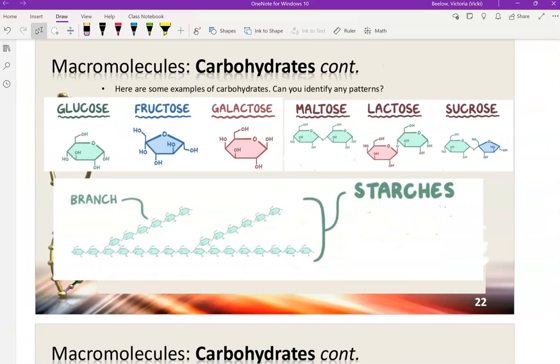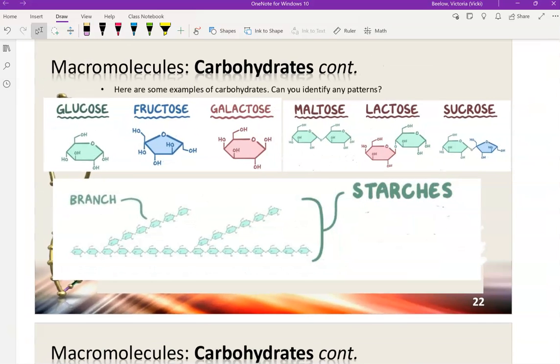All right, so here are some examples of carbohydrates. Can you identify any patterns? Here we have just the single rings: glucose, fructose, and galactose. These are all single ring structures. They all actually have the same formula, which is C6H12O6.